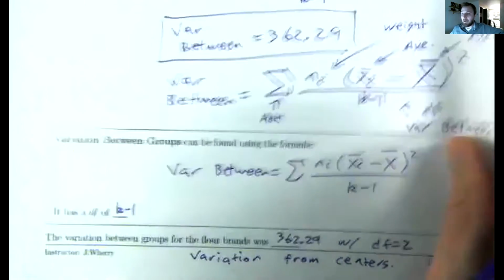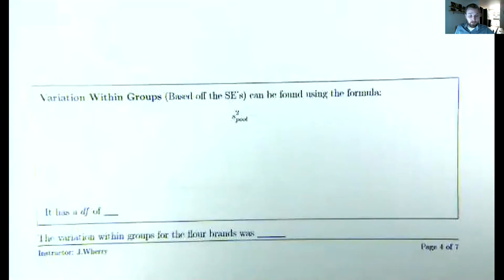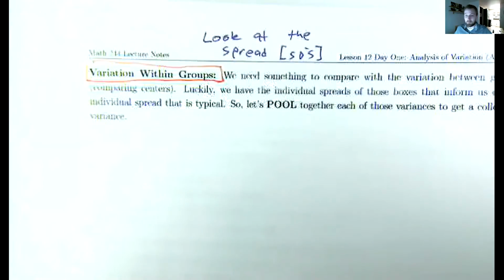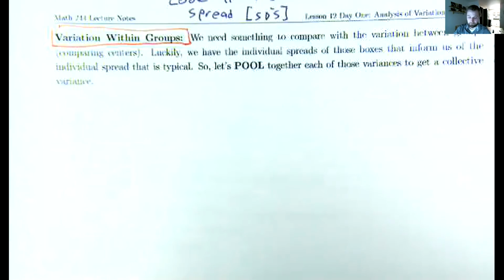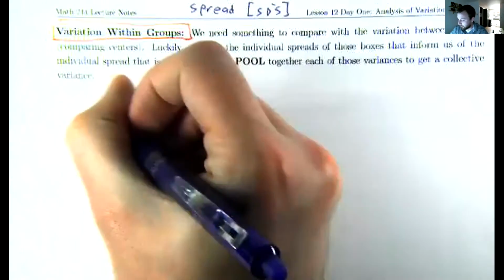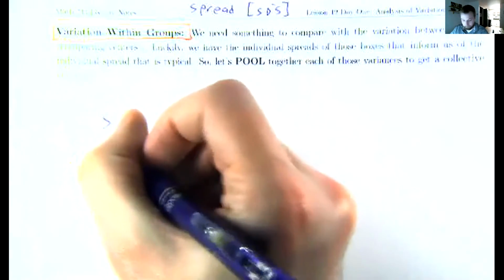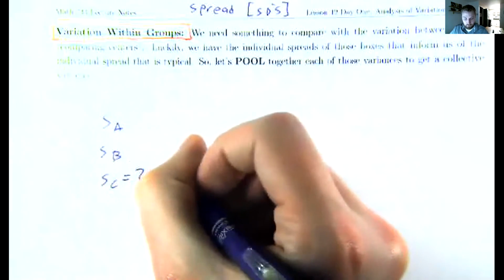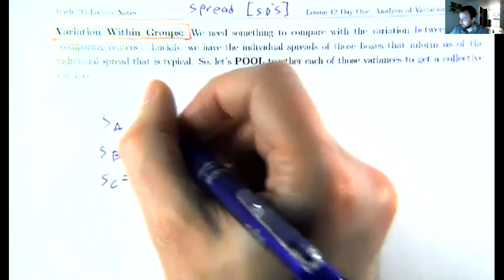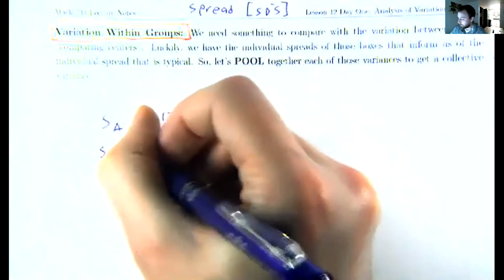So let's look at the variation within. And the variation within groups, this is going to look at the spreads, and the spreads are my standard deviations. My standard deviations, just to get these down again, 2.12, 3.12.